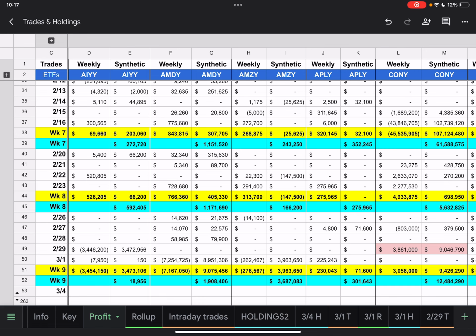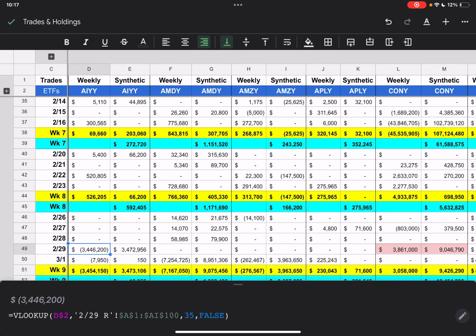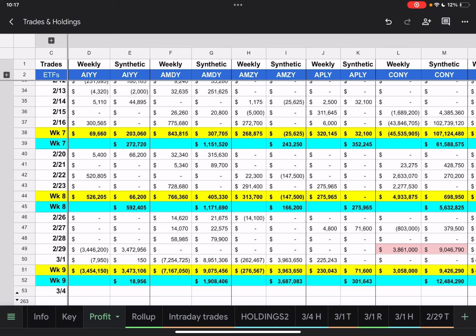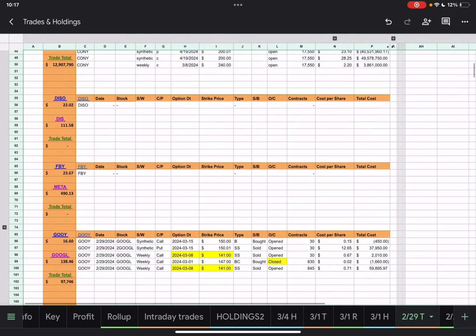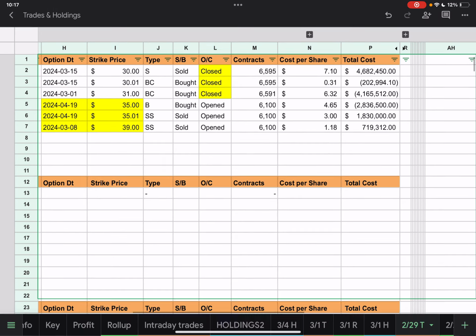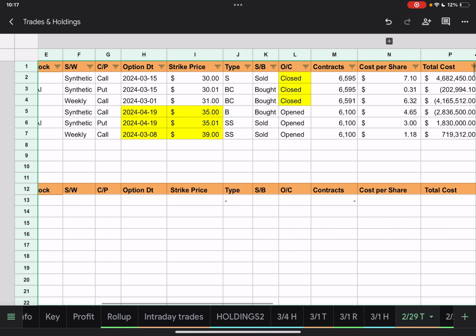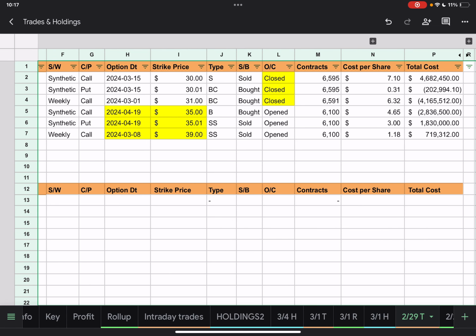But then again, it looks like we had that offset there. Oh, that's right, because they had earnings and we went past earnings. But anytime I see big stuff like that, I begin to question. So I just want to make sure that I don't have a formula messed up because these are brand new. That was AIYY. Yep. So, of course, we have these on two different lines. So that's awesome.